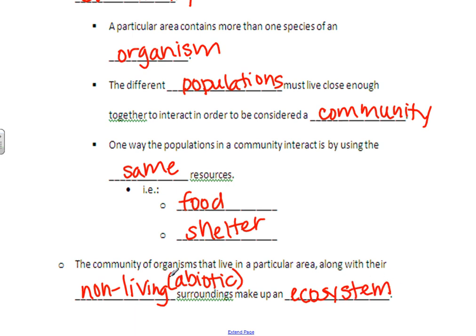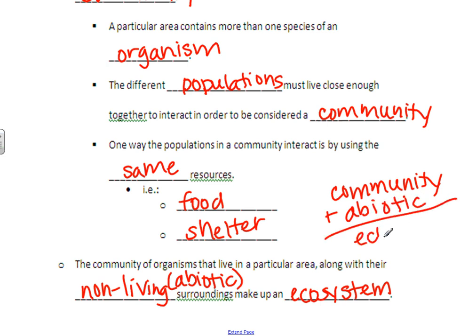You can write it over here, like a math problem: community plus abiotic equals ecosystem. So community plus abiotic equals an ecosystem.